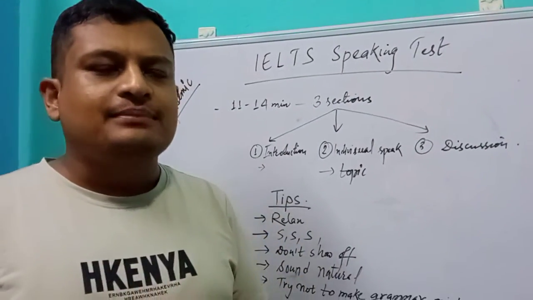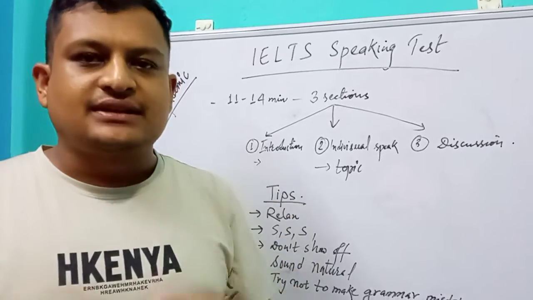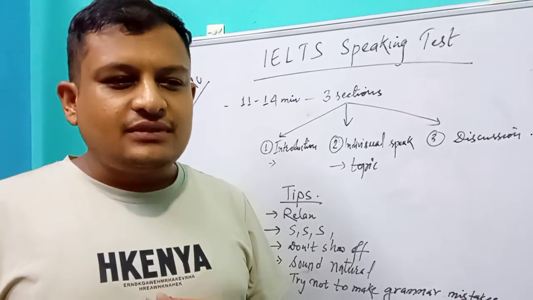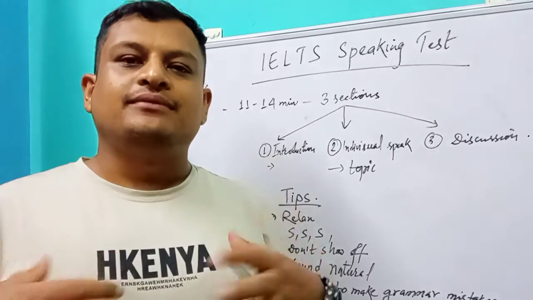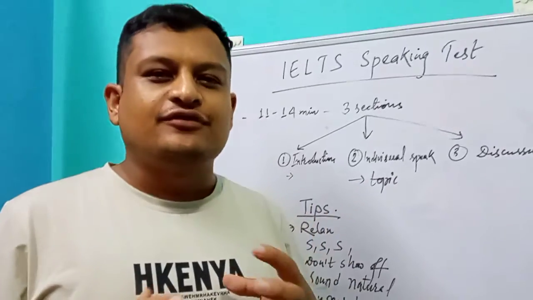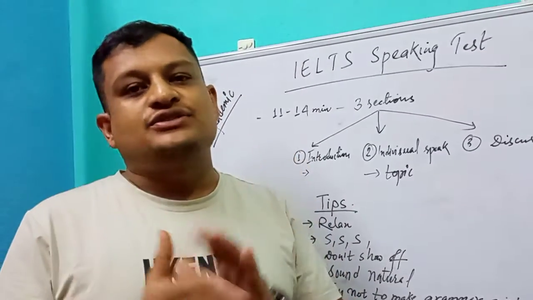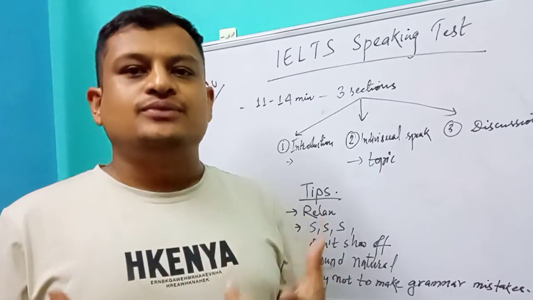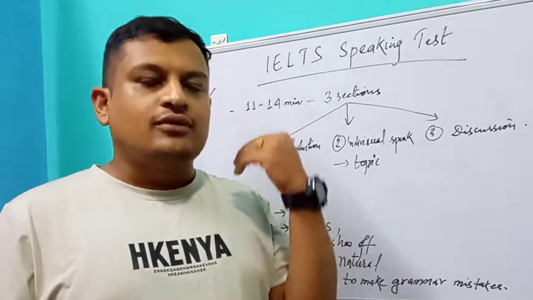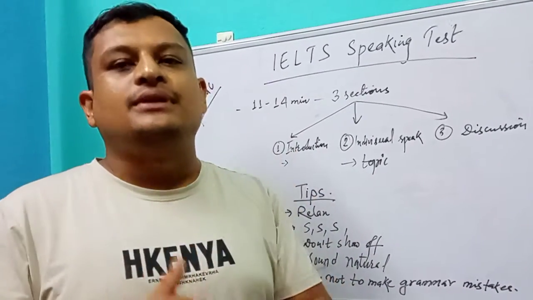But what happens is we just mug up everything. We just memorize and go to the exam hall. And that time, we just speak as if we have mugged up everything. So we start sometimes sounding like a poet or even funny, okay? Because we should sound very natural, as if it's coming out of you then and there, not from whatever you have prepared beforehand. So you have to sound natural, you have to sound simple.